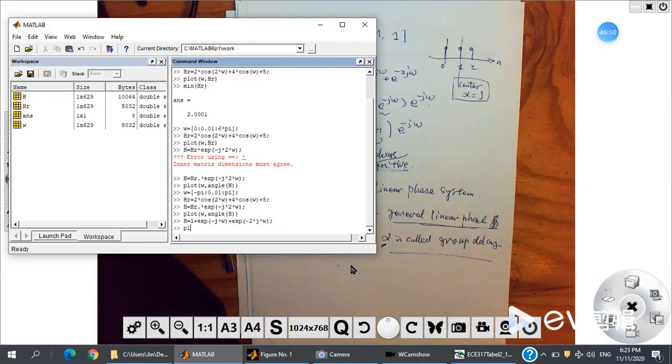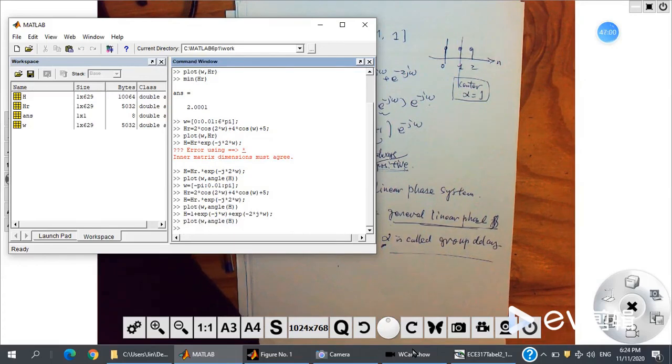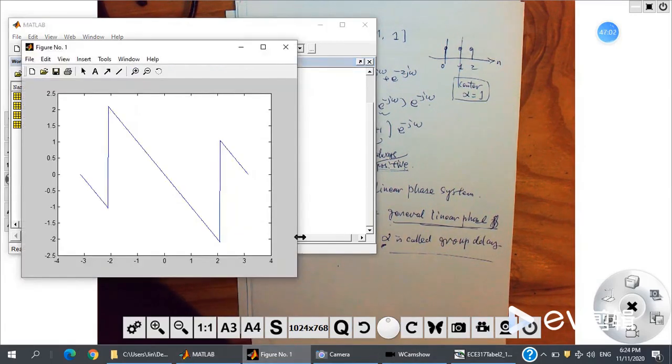Now we plot omega against the angle of H. Let's see how it looks. It looks like this. It still looks like a straight line, but now these two lines are straight, but you cannot connect them together.